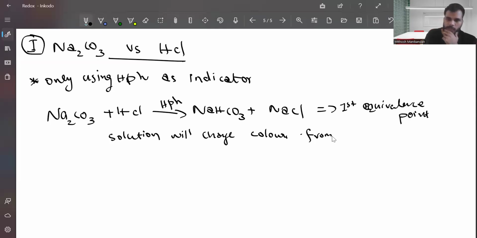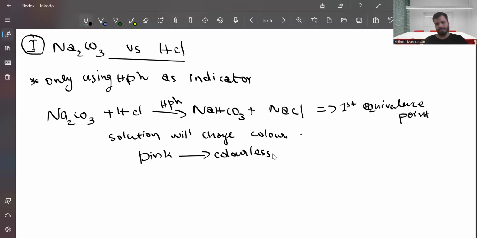How will the color change happen? The solution is becoming less basic, being neutralized, so it will change from pink to colorless. I'm giving this because in some questions I've seen, instead of saying equivalence point, they just talk about the color change. Okay, so it's the first equivalence point.